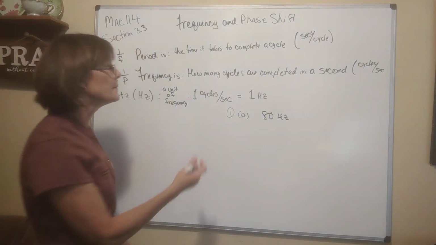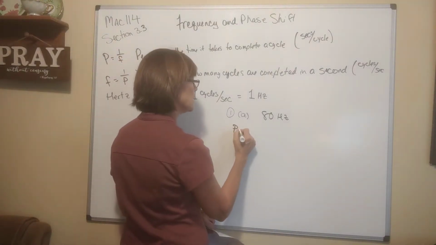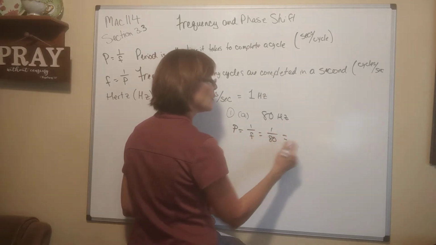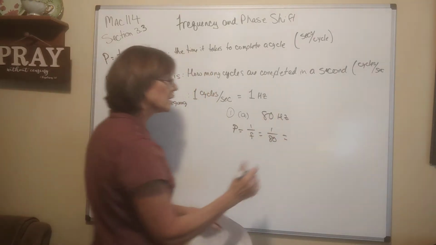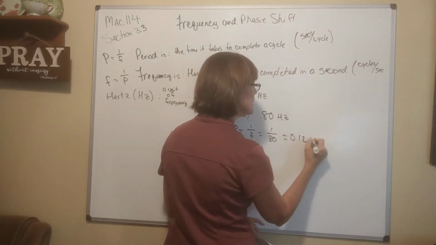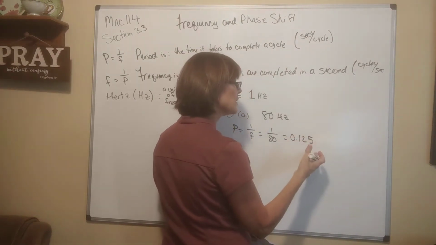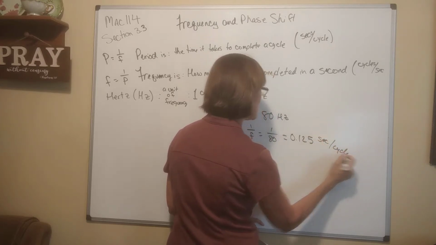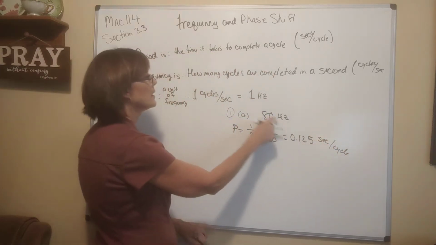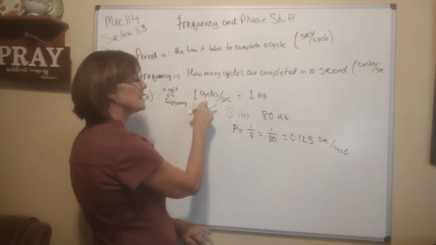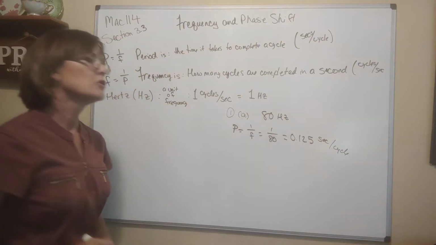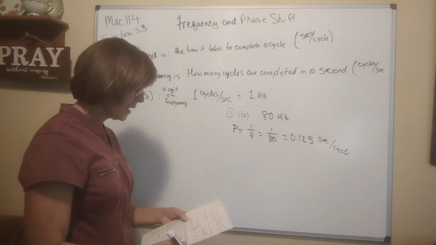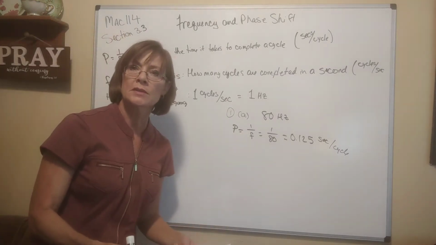So the period is equal to 1 over the frequency, or 1 over 80. When we put that in our calculator, we get 0.125, and the units are going to be seconds per cycle, because we take the reciprocal of the hertz. It takes 0.125 seconds to complete one cycle for the lowest frequency of male speech.